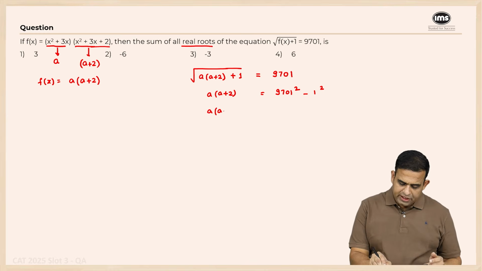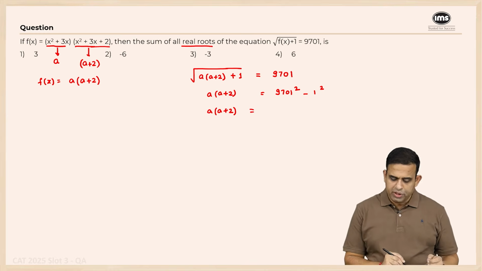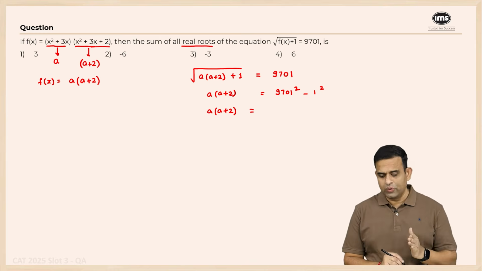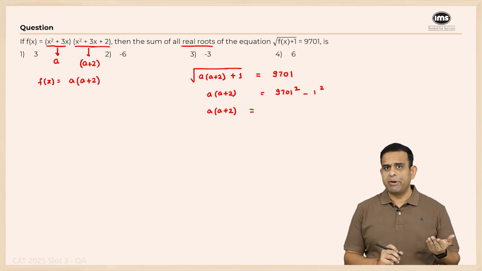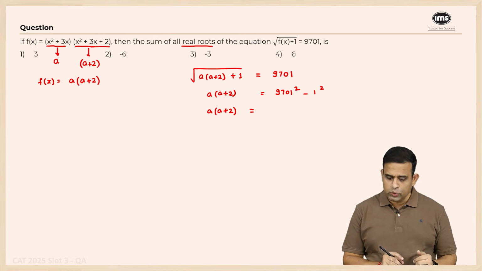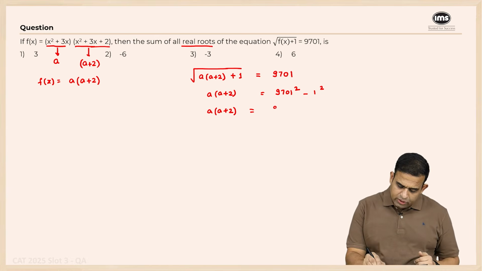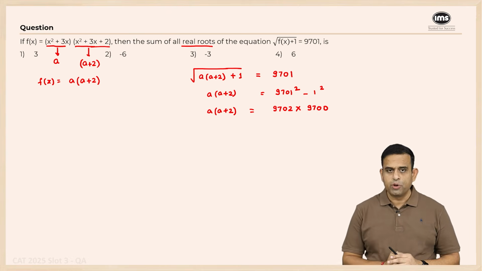So you will see that a into a plus 2 will be equal to 9701 square minus 1. This part would be nothing but, using the a square minus b square property, a plus b into a minus b, and that will give you 9702 into 9700. This is what you are going to get.